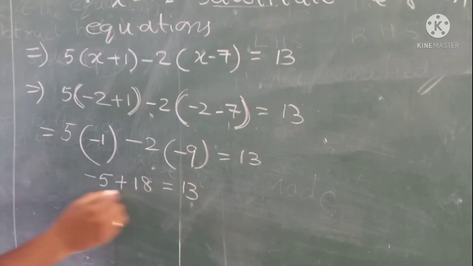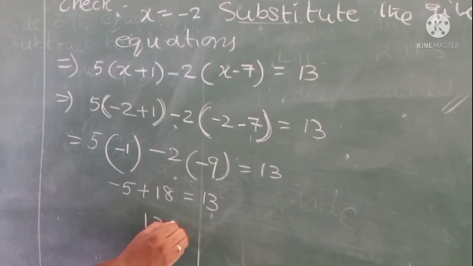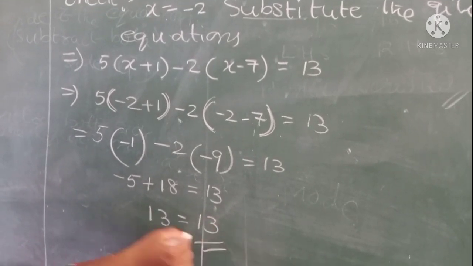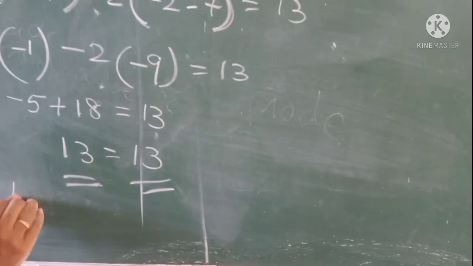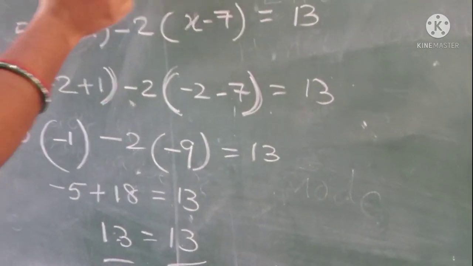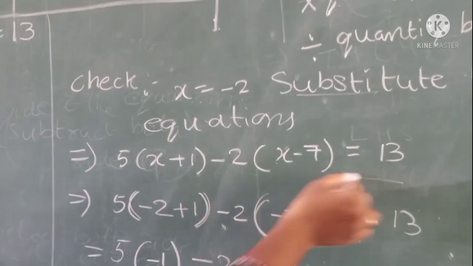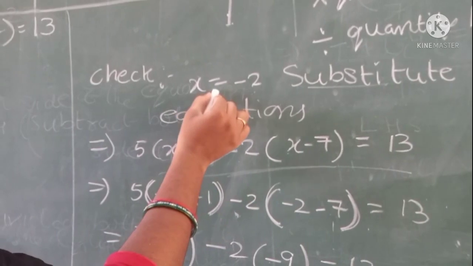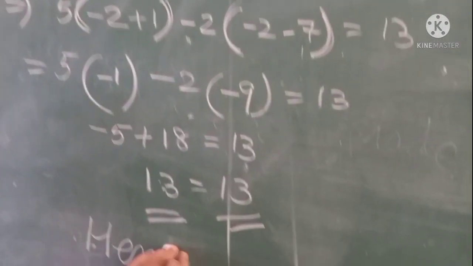So 13 equals minus 5 plus 18, which is 13 equals 13. So the LHS part is equal to the RHS part, hence verified. The two values are equal. So x is equal to minus 2 is the solution of the given simple equation. Hence proved.